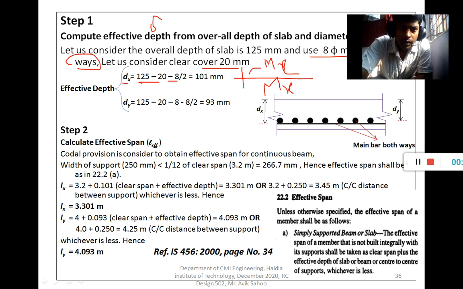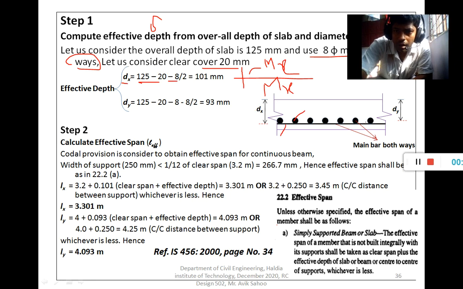Similarly dy: so this is for dx, then dy is measured from the centroid of the steel to the topmost fiber.